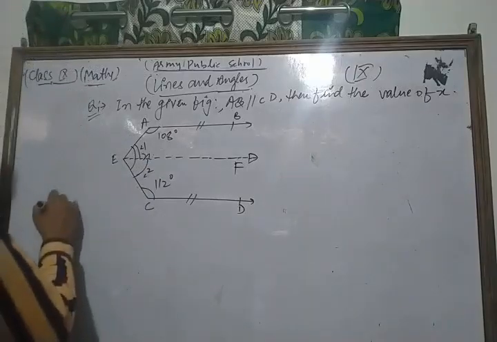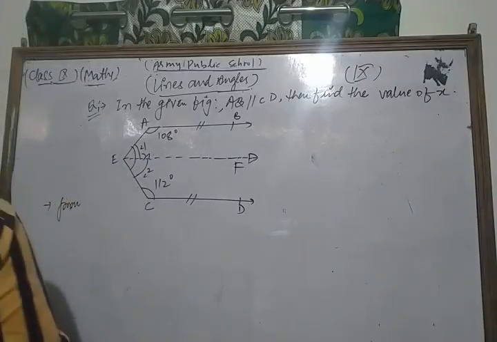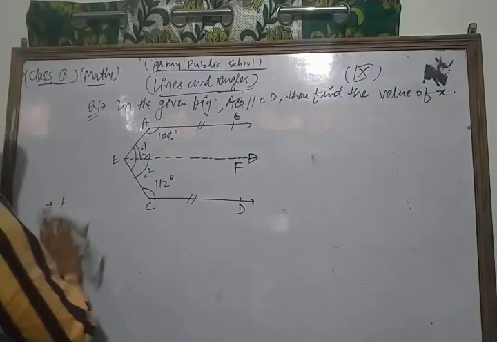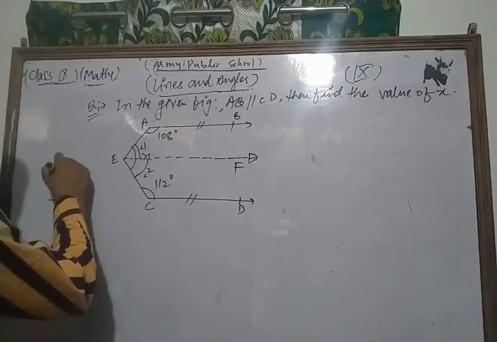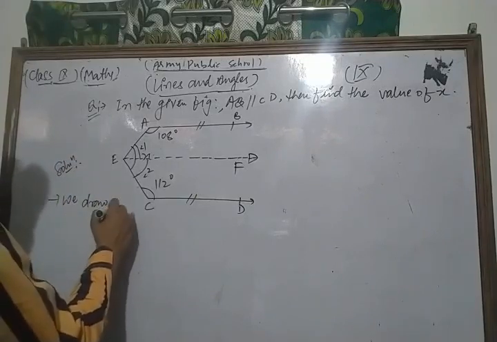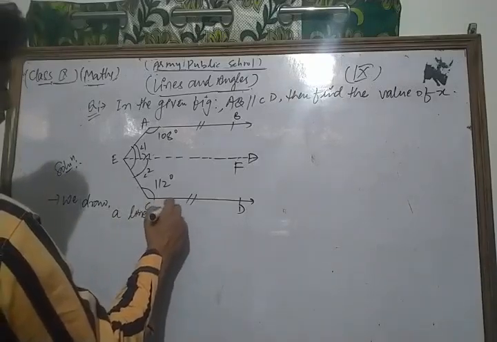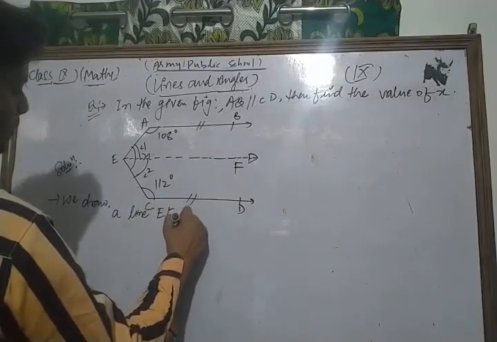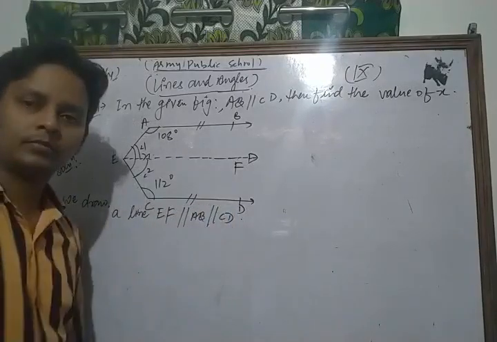Now from the figure, let's see its solution, dear students. First of all we draw a line EF which is parallel to AB as well as parallel to CD.